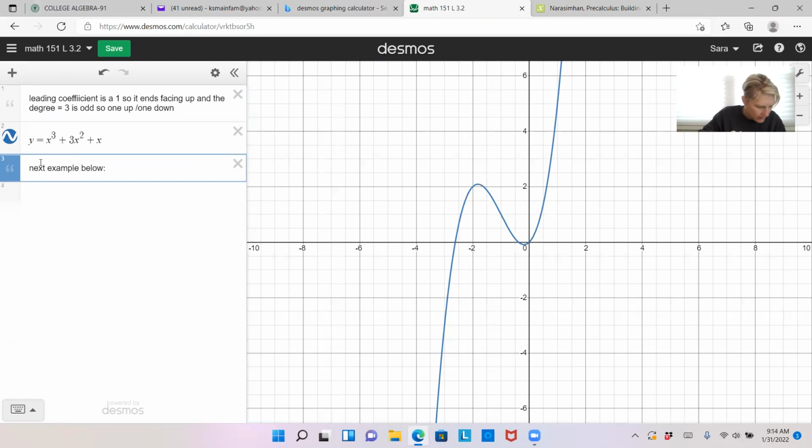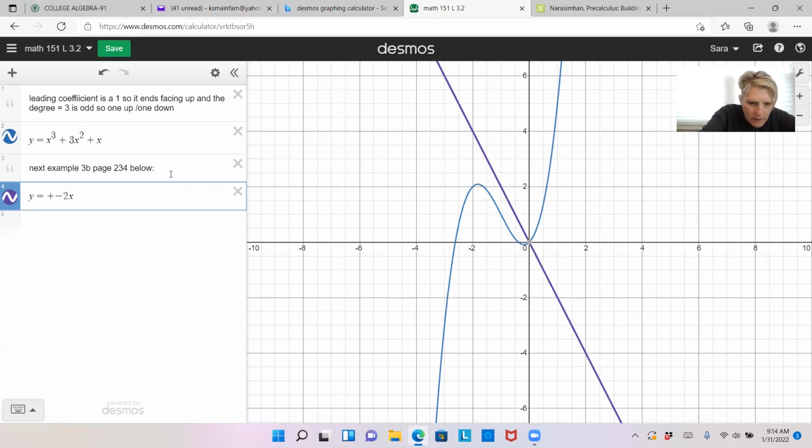But let's look at the other one. That's the example 3b. We're going to take that one in, and that's negative 2x to the fourth.